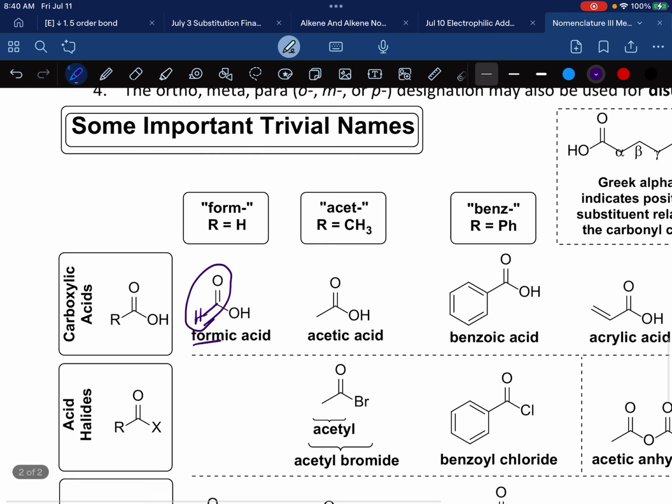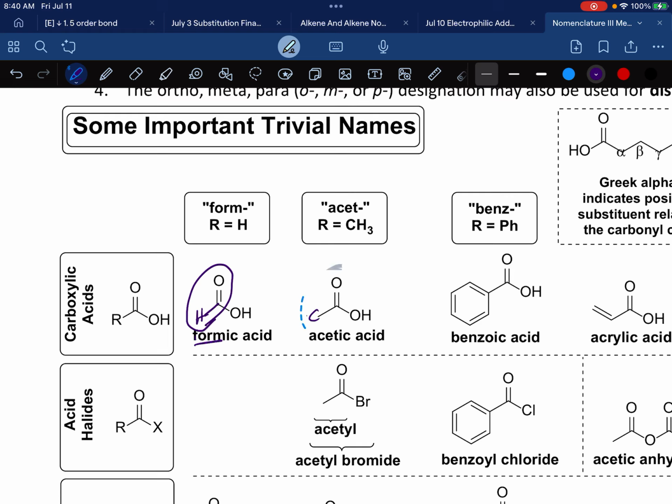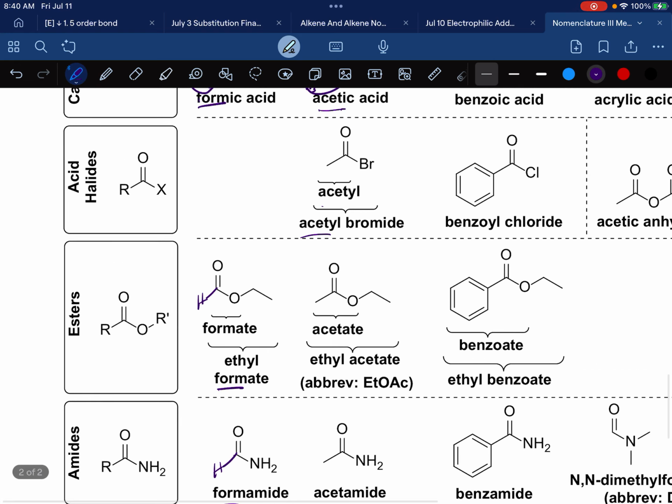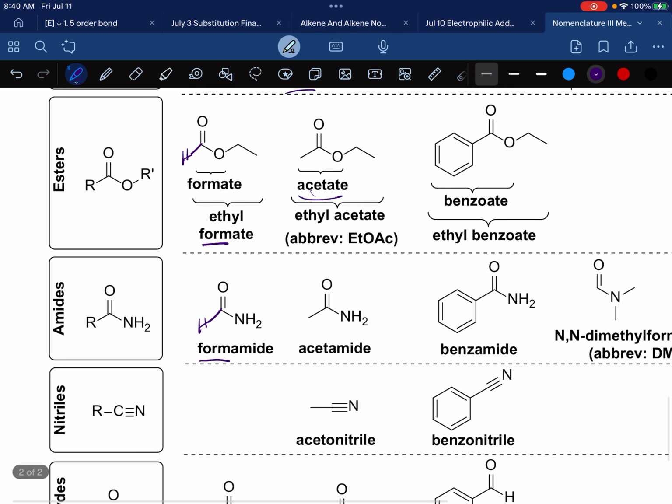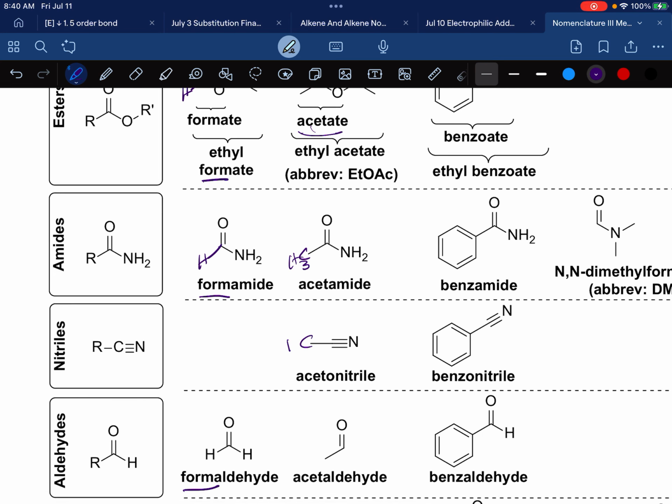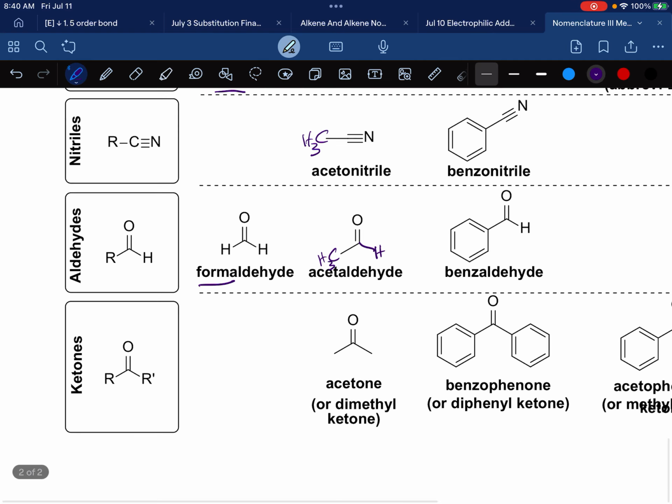And then acete is going to be the CH3 next door to the carbonyl. So acetic acid, acetyl bromide, ethyl acetate, acetamide, acetonitrile, and acetaldehyde. And then acetone. So the acetyl group is basically this right here.